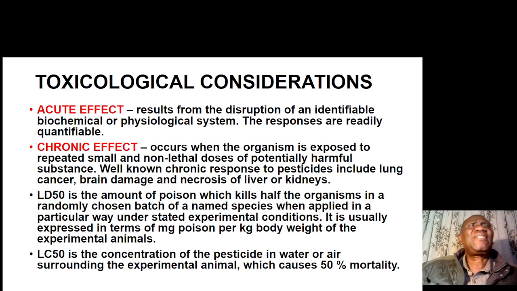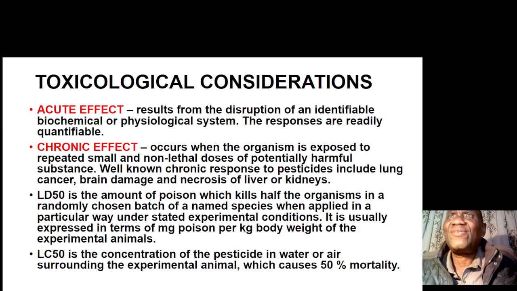And we also defined the LD50 as the amount of poison which kills half of the organism under test. And LC50 is the concentration of the pesticide in the water or air surrounding the experimental animal, resulting in 50% mortality. But normally we refer to LD50s.